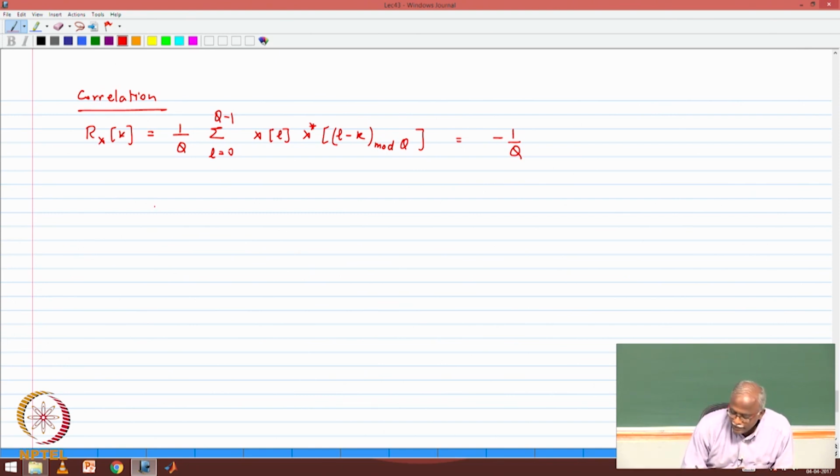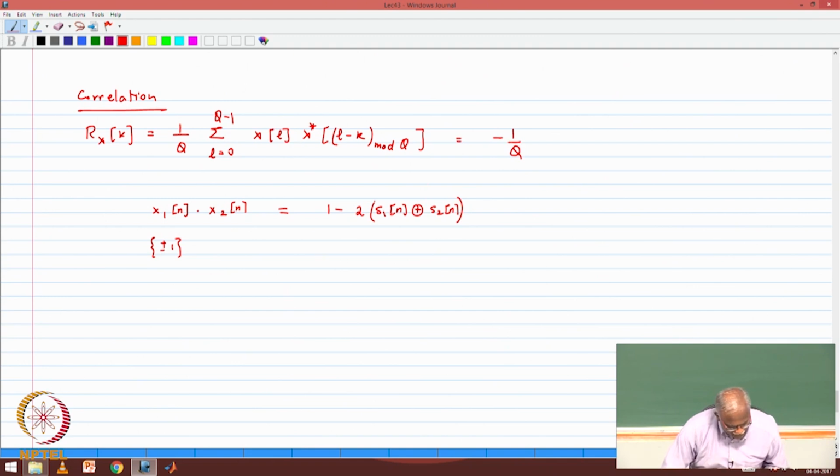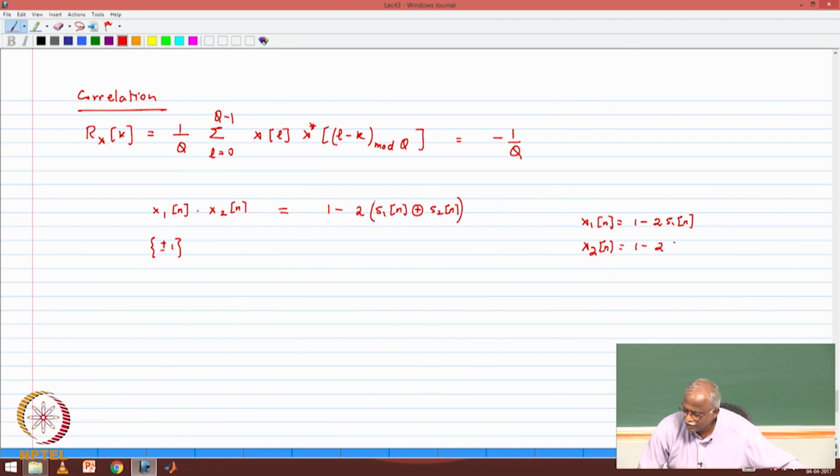In other words, if I do this x1 of n, x2 of n, where x1 and x2 are from plus minus 1s, this is the same as 1 minus 2 times s1 of n exclusive or s2 of n, and the relationship is that x1 of n is equal to 1 minus 2 times s1 of n, x2 of n is 1 minus 2 times s2 of n.